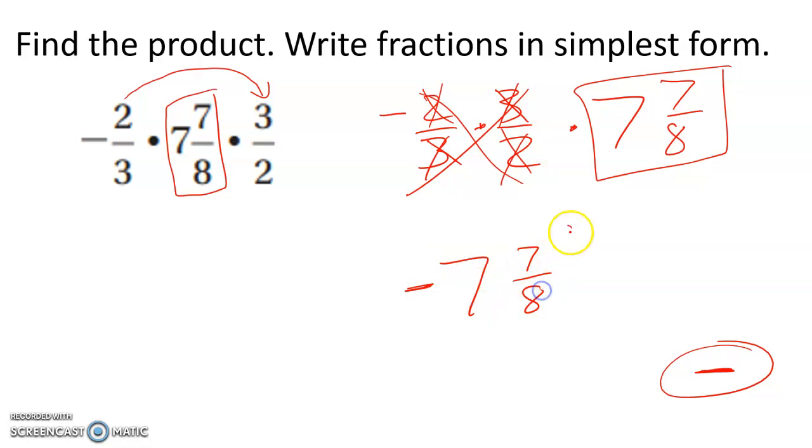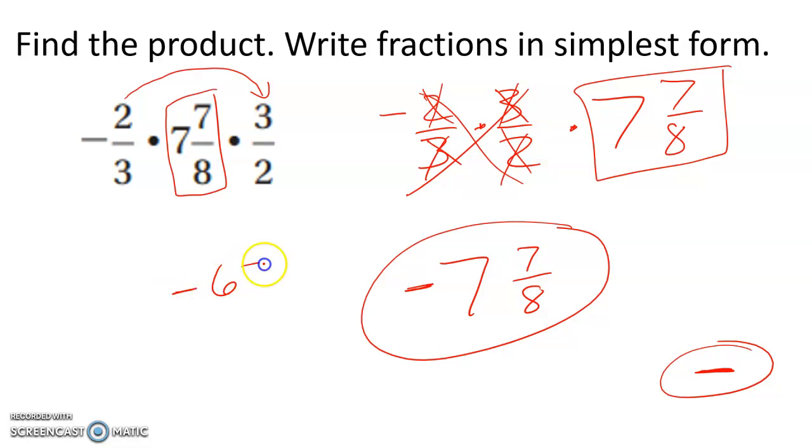Negative 7 7/8. You could have changed it to improper, canceled those out, and then still ended up with the negative 7 7/8. Some people might have gotten negative 63 over 8. That would work also, because that is the same as the negative 7 7/8. So I just used the commutative property and switched it around.